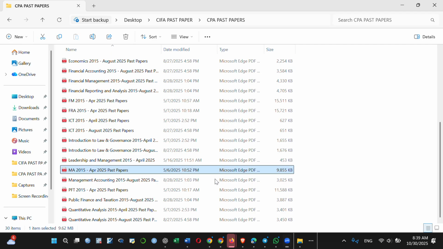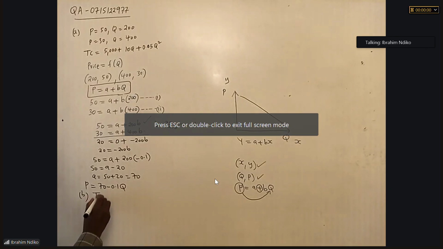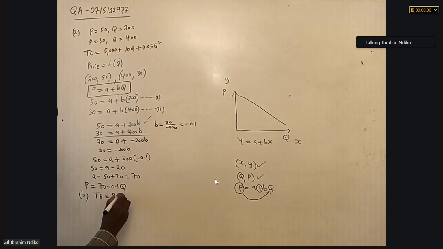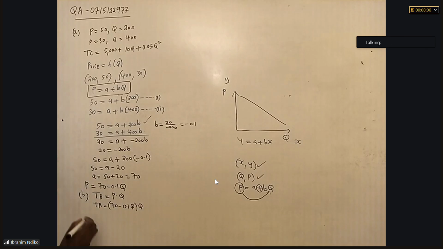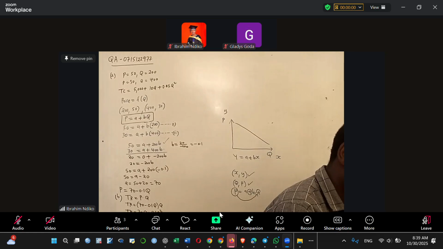Now, total revenue function is equal to P times Q. So total revenue will be equal to price, which is 70 minus 0.1Q, times Q. So our total revenue was 70Q minus 0.1Q squared. So that is our total revenue function.